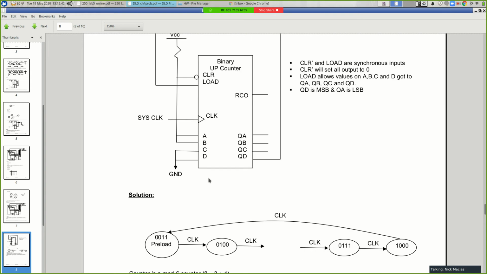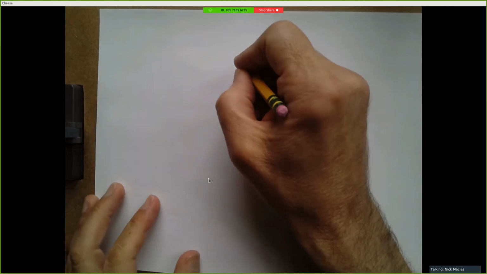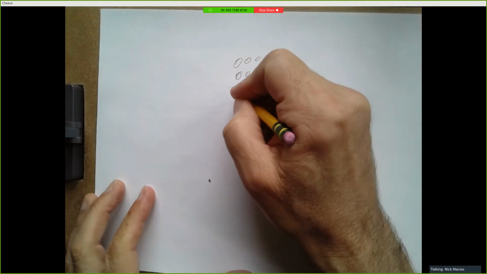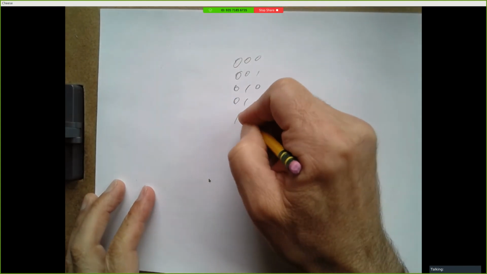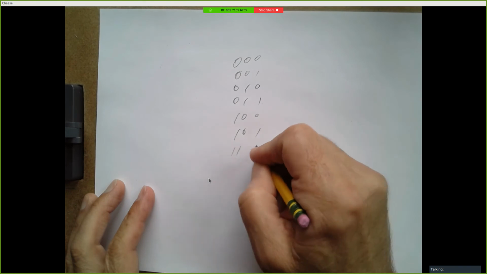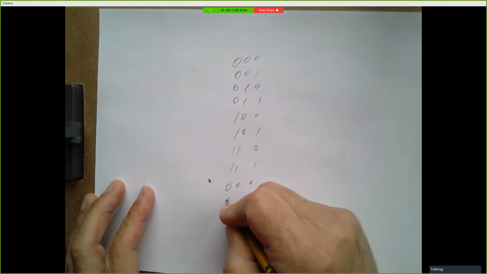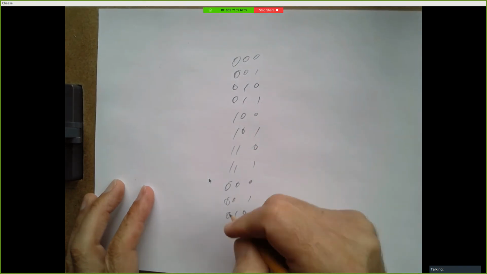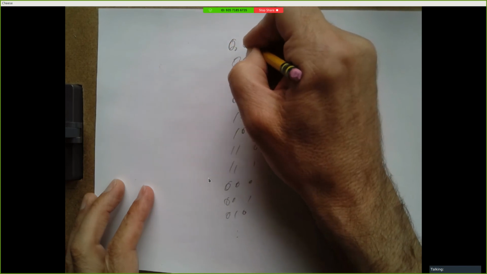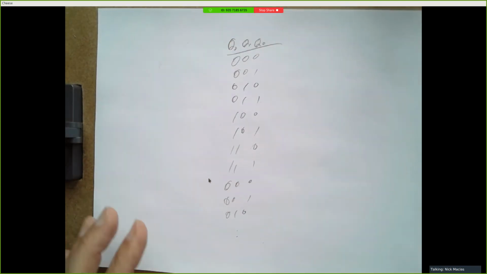So what is a counter? A counter is a sequential circuit that outputs a particular pattern of ones and zeros, typically a pattern that counts in binary. A typical 3-bit counter might, for example, produce the following outputs, where this is Q2, Q1, and Q0.